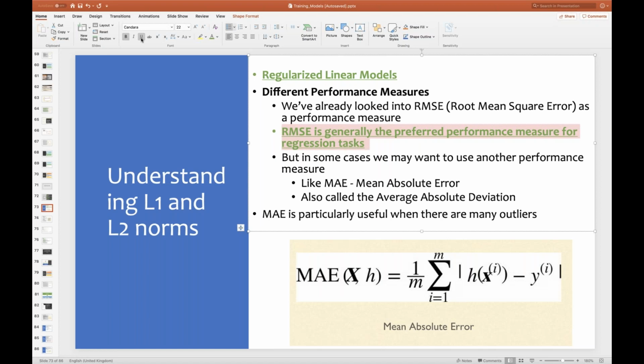This is also called average absolute deviation. MAE is particularly useful when there are many outliers. Again, guys, root mean square error we already discussed. Root mean square error is used in regression tasks.